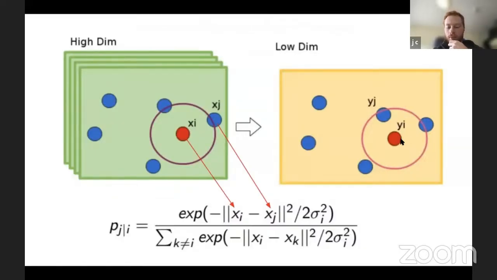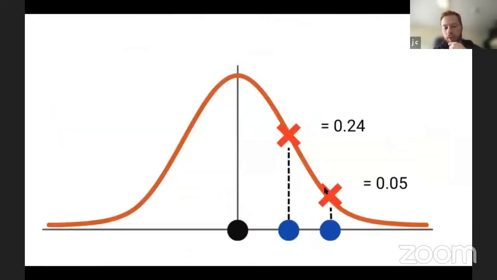And through how this density works, I actually lied. It's not a normal distribution. It's a t-distribution, but let's just think of it as a normal distribution. If a point is further away, it would have a very low value here.